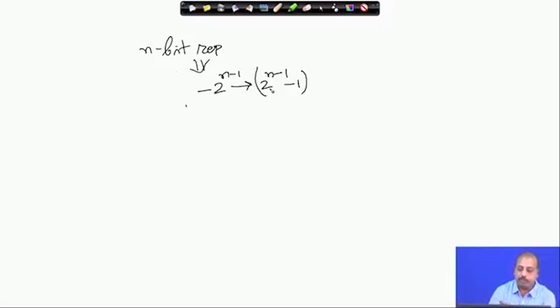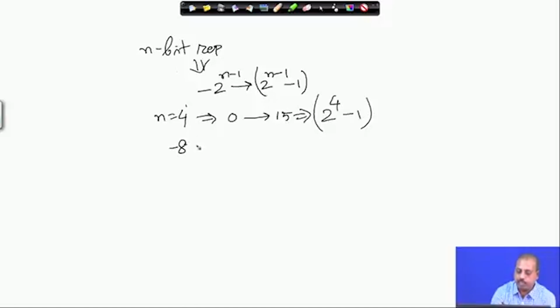For example, if you have n equal to 4, and you do not consider negative numbers, then you can represent 0 to 15. That is, this 15 is nothing but 2 to the power 4 minus 1. But if you are representing both positive and negative numbers, then you can go from minus 2 to the power 3, that is minus 8, to 2 to the power 3 minus 1, that is 8 minus 1, 7.